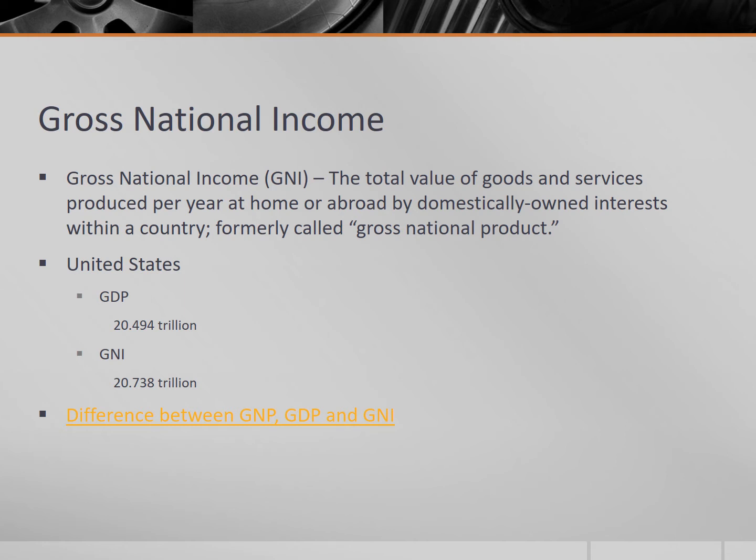If a Canadian company operates a plant in India, the profits that that plant earns are counted as part of Canada's GNI. Similarly, the income earnings of Canadians living abroad are counted in the GNI for Canada. But the profits of the Canadian-owned plant operating in India would contribute to India's GDP.